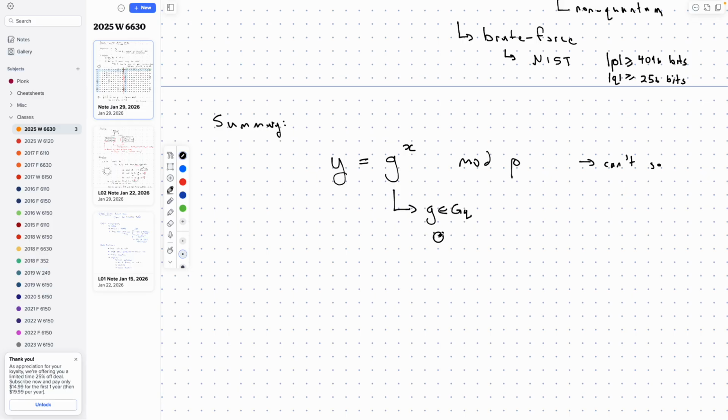We use the word g because it generates G_q, but actually, maybe before talking about this, let's start with p. Okay, so p is going to be a large prime. Think like 4096 bits.